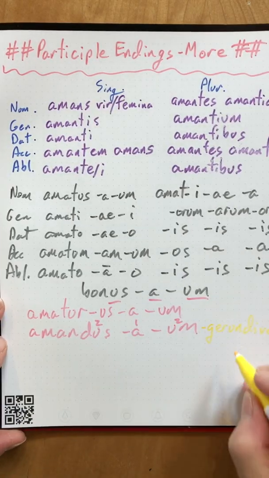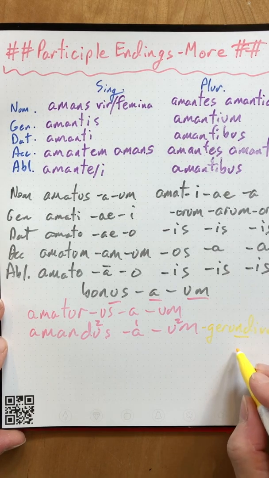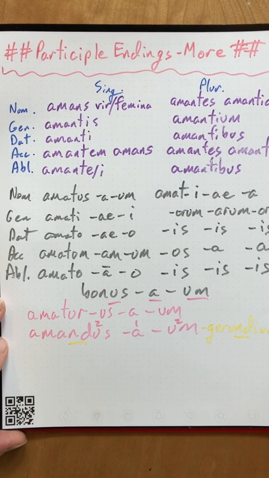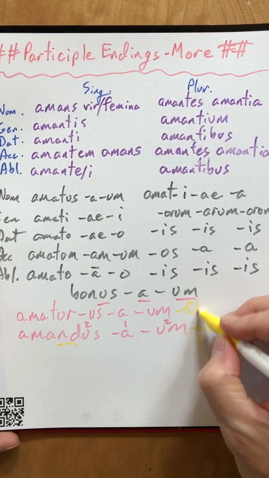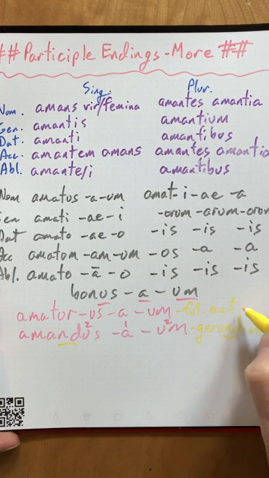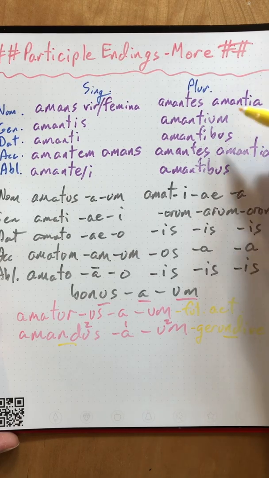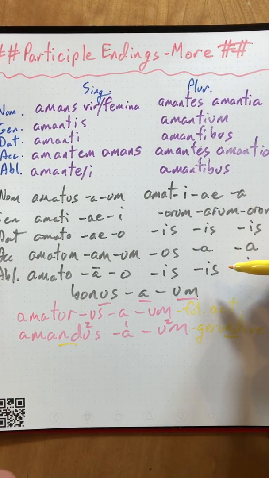All right, gerundive. ND gerundive. That's how you memorize it, gerundive. You can see the ND right there. Yellow's a little bit faint. This one, future active participle. Okay, so there you have it. Acts like a normal adjective, modifies its noun in case, number, and gender.